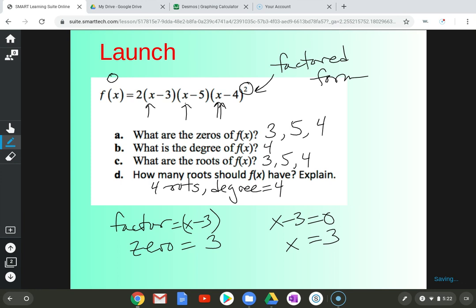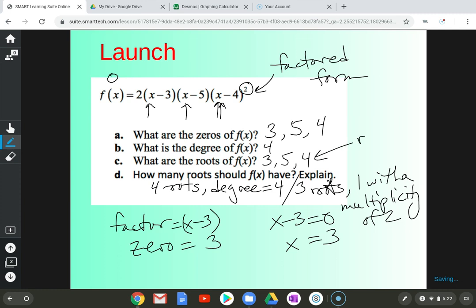We instead have 3 roots, but one with a, remember this big word, multiplicity of 2. So technically, this 4 is what we would call a repeated root, or a root with a higher multiplicity.